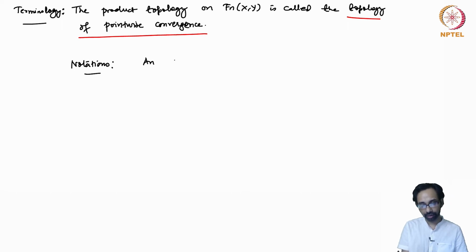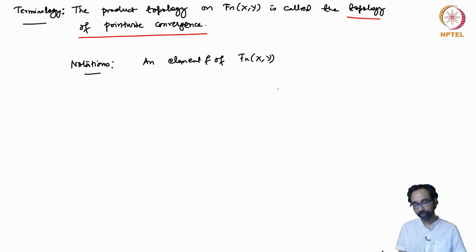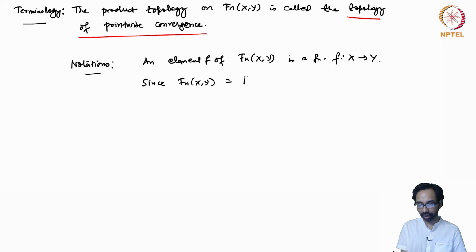So an element f of F(X,Y). So this is a function, f from X to Y. Now since F(X,Y) is the arbitrary Cartesian product with each Y_x equal to Y, we have the J-tuple notation.